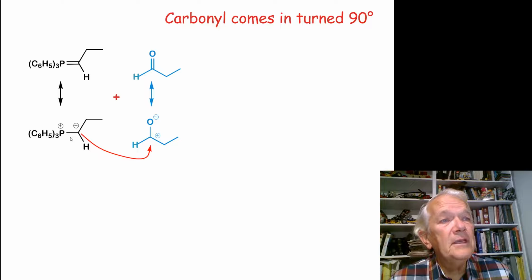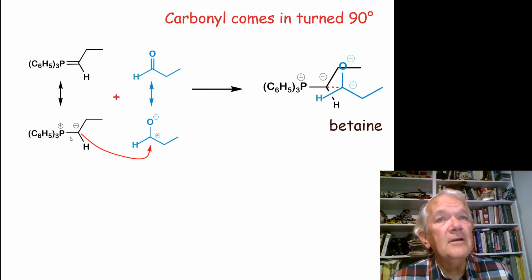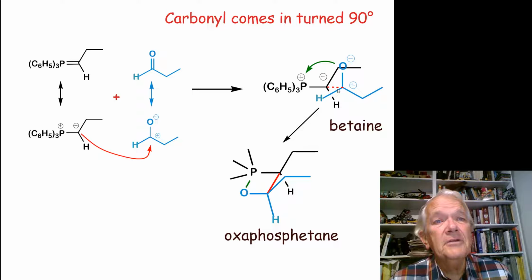And as it comes in 90 degrees like that, this is the intermediate, called the betaine because it's this multi-charged species. Now, to form the double bond, the oxygen has to form the bond to the phosphorus, so the oxygen has to turn. When it turns this way, you can see it forms this four-membered ring.